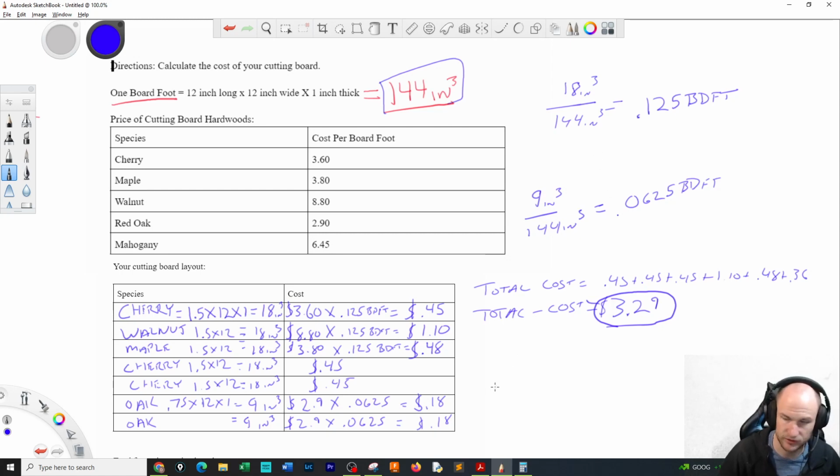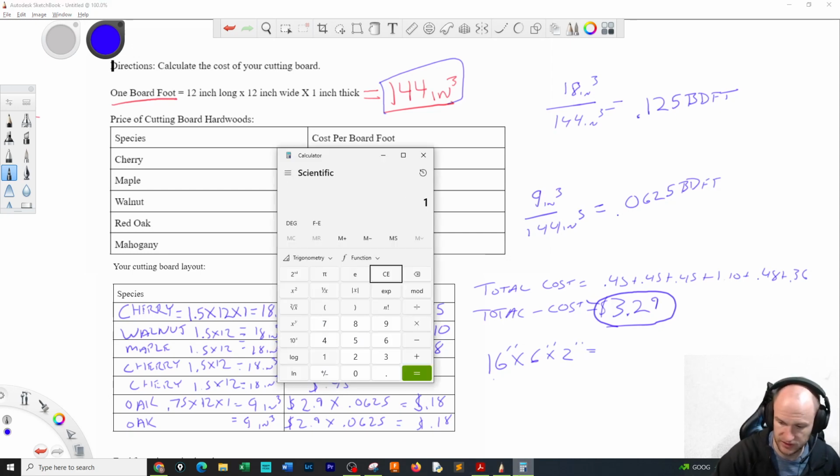So if I had a board that was, let's say, 16 inches long and 6 inches wide and then 2 inches thick, and I multiplied those together, so 16 times, not plus, times 6 times 2. My answer here is 192.